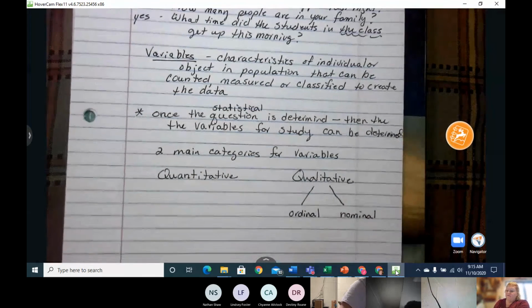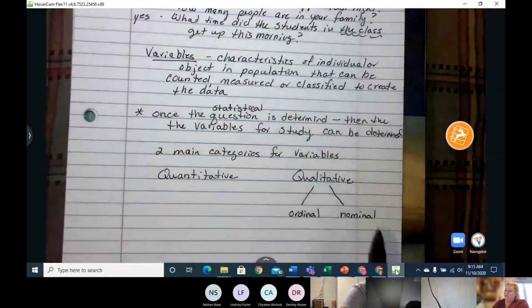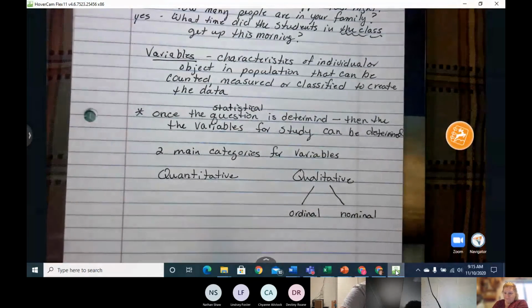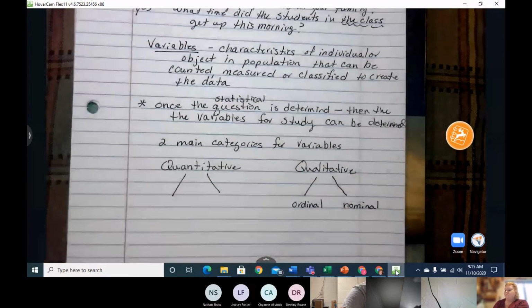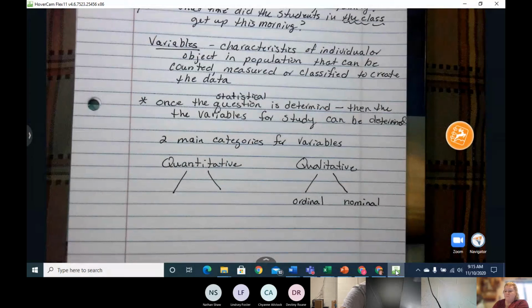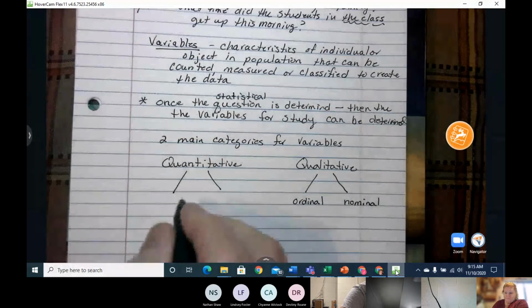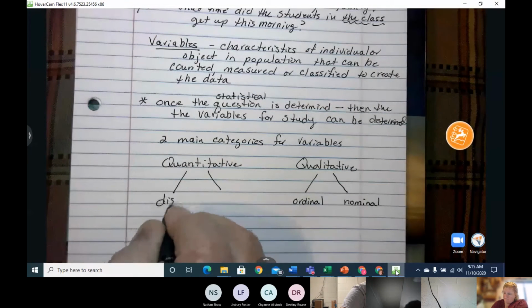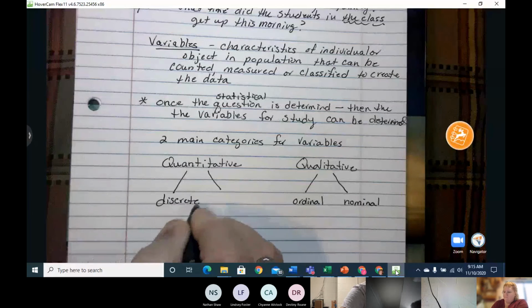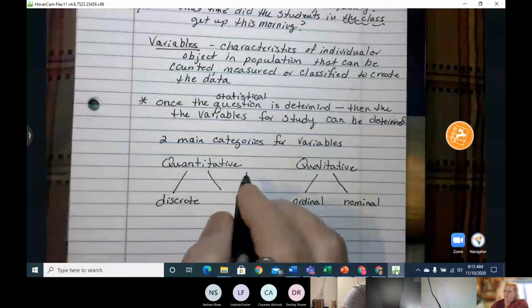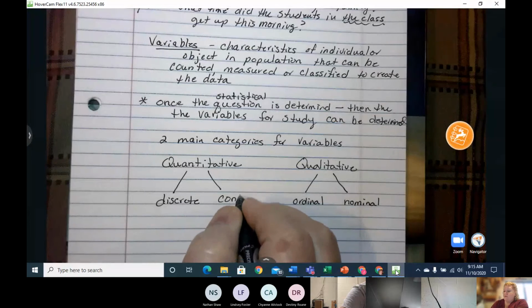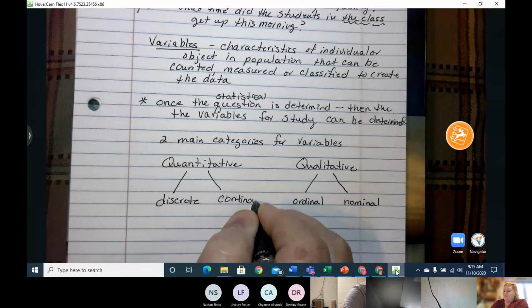Qualitative variables can be broken down into ordinal or nominal. Quantitative variables can be broken down into discrete or continuous.